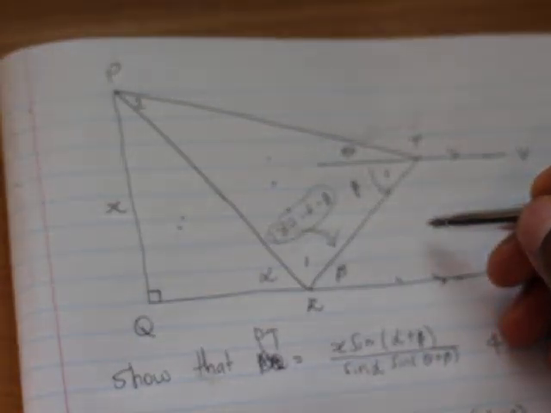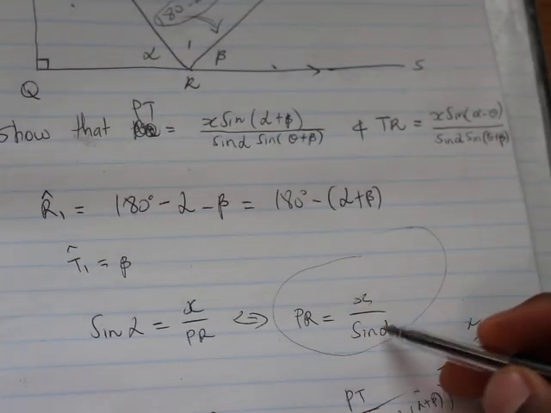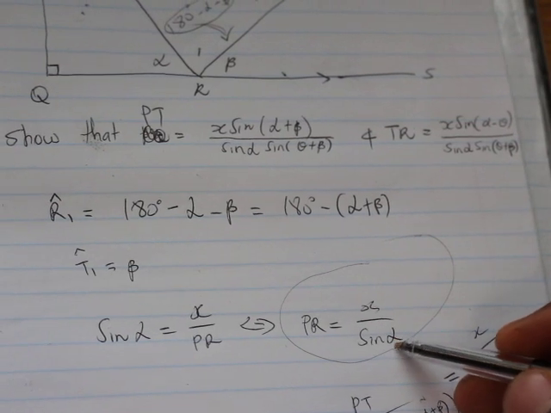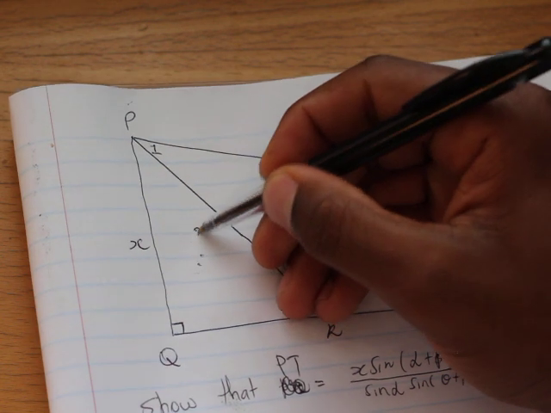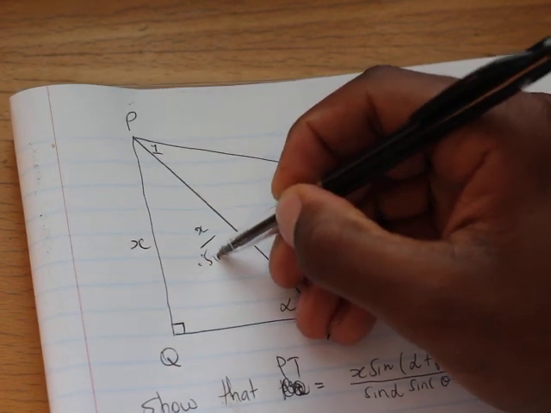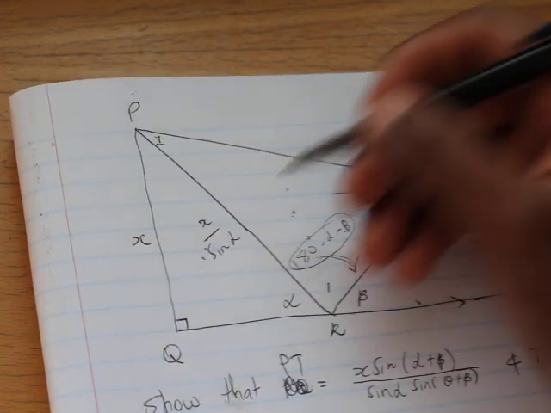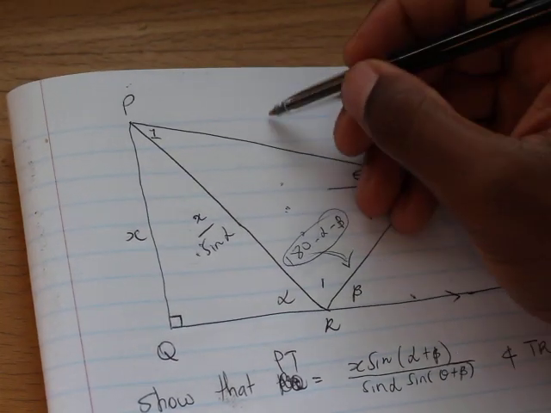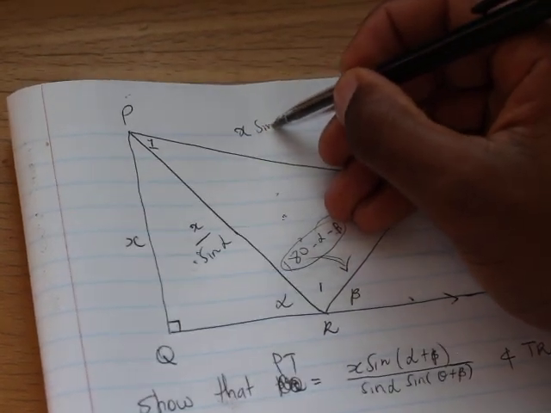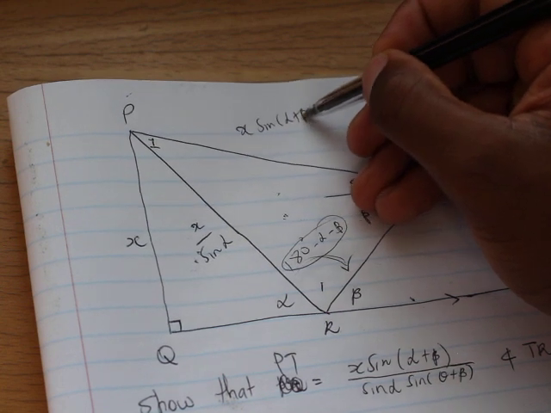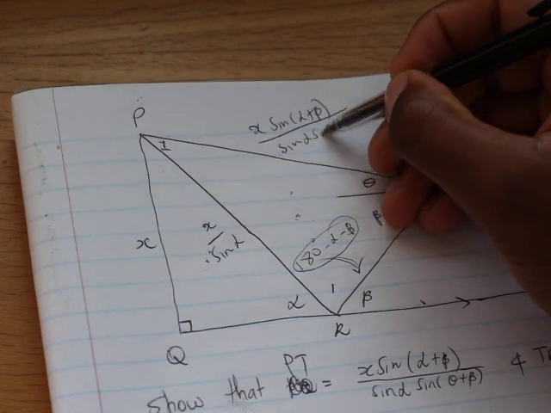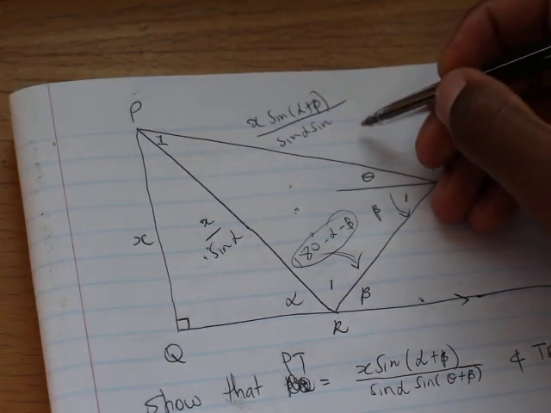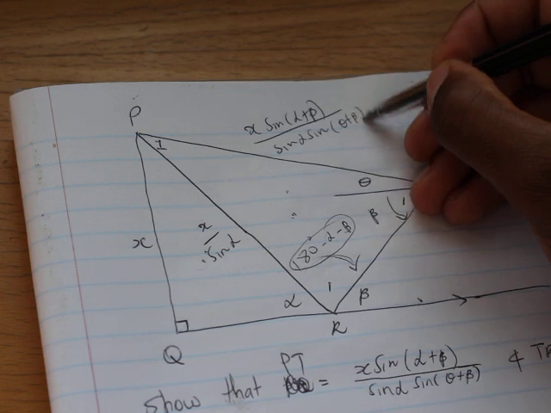So we've already calculated PR. PR is just x over the sine of alpha, and PT is what we've just found: x sine of alpha plus beta divided by sine of alpha, and then the sine of theta plus beta.